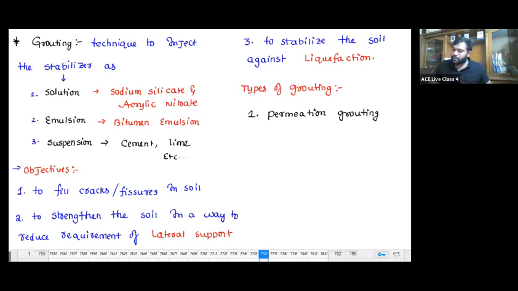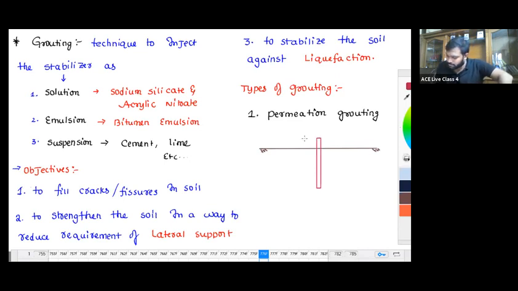For example, you take this as a ground level, and in order to strengthen the soil, we are going to insert a pipe known as a grout pipe.